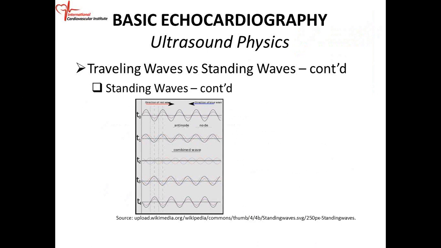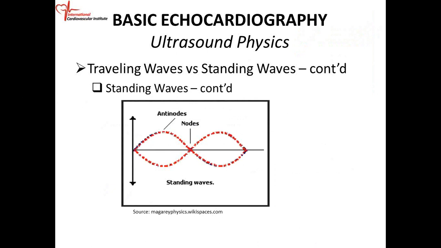It gives you the appearance that the wave is not moving. When crests meet troughs, there is no displacement. This is what we call the node.